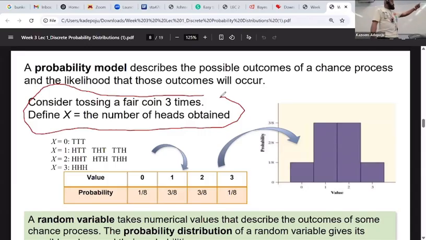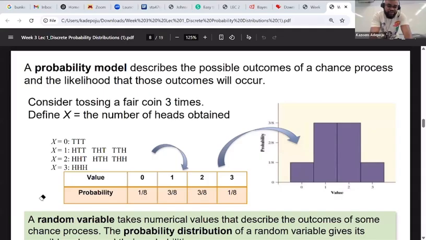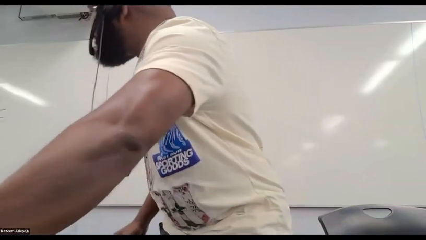You are tossing a coin 3 times, but your focus is actually the number of heads. Now, I want to guide you through that experiment. Please pay attention.